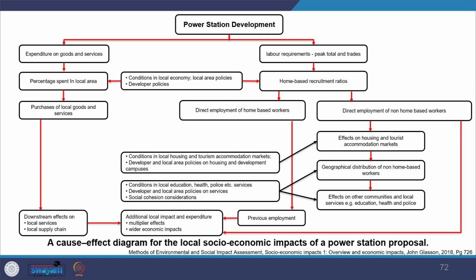Likewise, on the right hand side you can see the labor requirement, and then home-based recruitment ratios, what's happening, direct employment, and then direct employment for non-home based workers, and so on. So that is how you would look at causal effect. You can also create causal effect diagrams and try to understand indirect jobs which would be created.